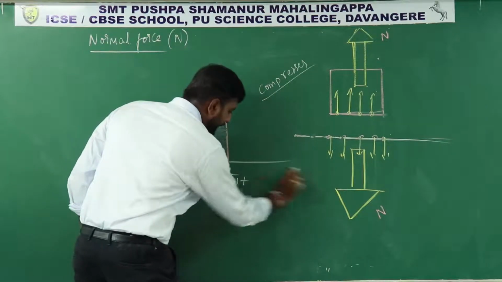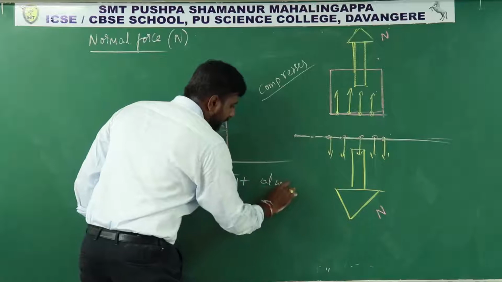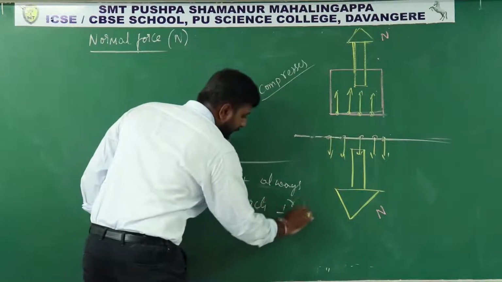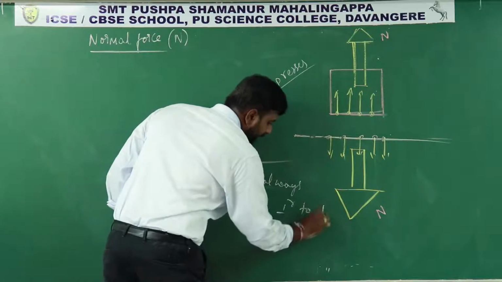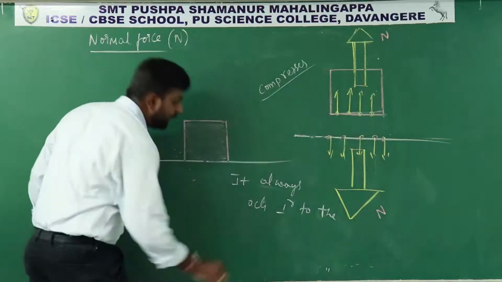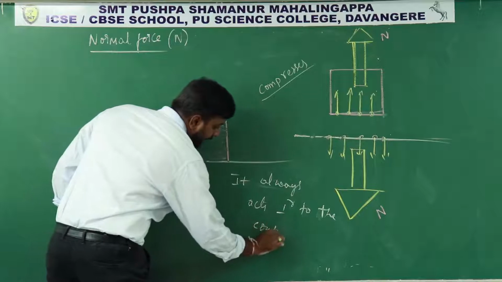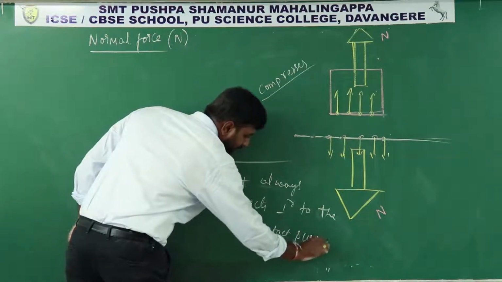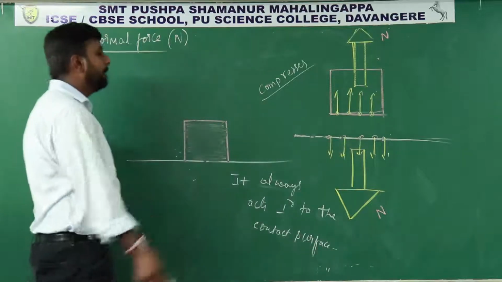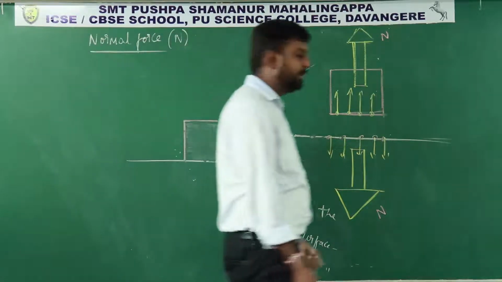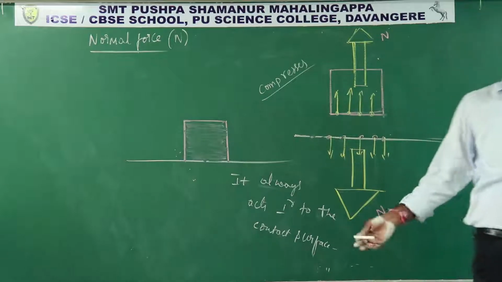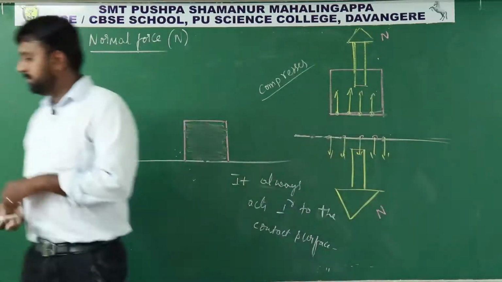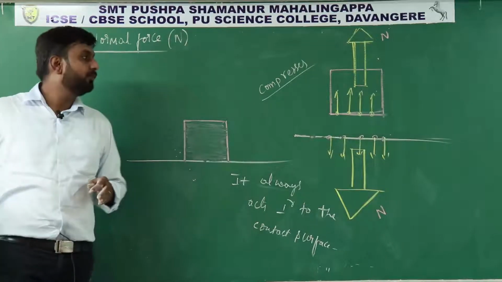It always acts perpendicular to the contact surface. Normal to the contact surface or perpendicular to the contact surface. This arises due to contact, hence it is called a normal force.